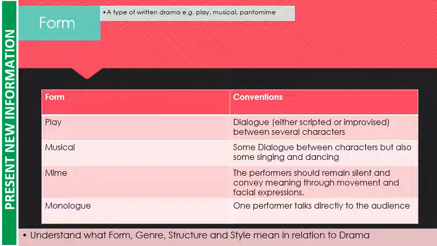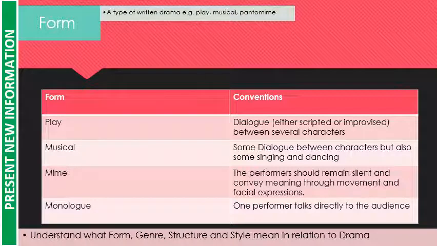It would have dialogue, which is either scripted or improvised between several characters. A musical is some dialogue between characters, but also some singing and some dancing. Think about Missing Dan Nolan. Is there singing and is there dancing in there? Music does not count.